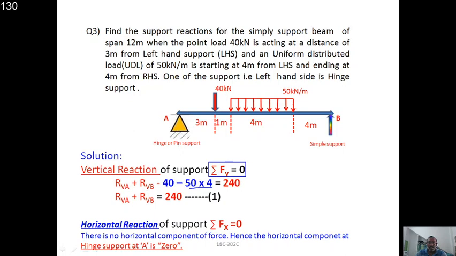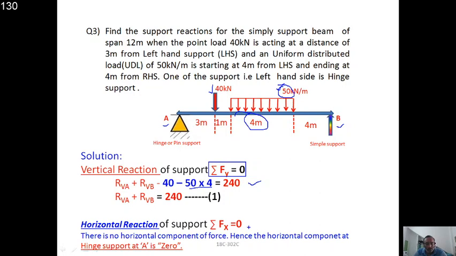Therefore RVA and RVB, RVA is here, RVB is here, minus 40 is the point load and 50 into 4 will be the UDL. Therefore, after adding, RVA plus RVB is 240.